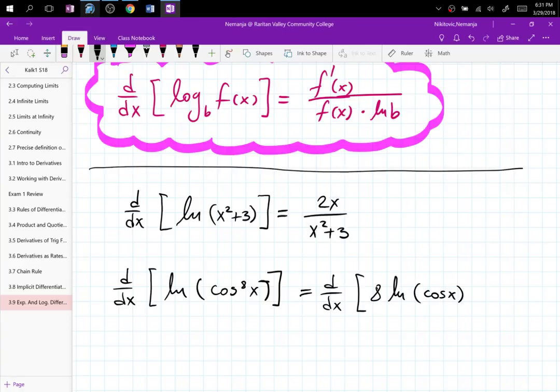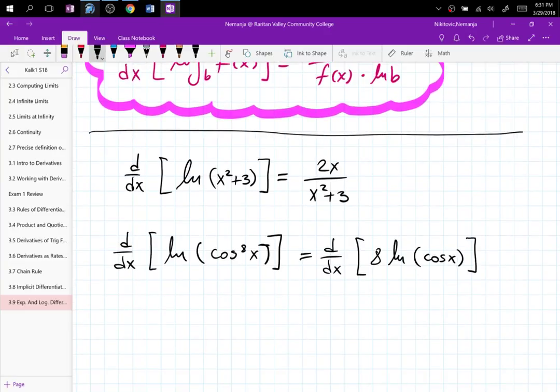And this just becomes 8 times ln cosine x, whose derivative is, write the cosine x in the denominator and put negative 8 sine x in the numerator, because the derivative of cosine is negative sine, which goes for f prime, and then you had the 8 as a constant in front. So the whole thing is negative 8 tangent x. So what's the derivative of ln cosine to the 8x? It's negative 8 tangent x, which is great. It's awesome.